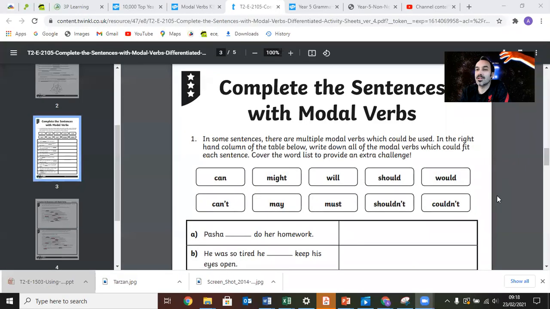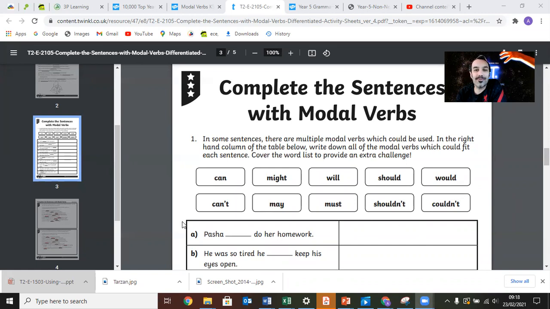Let me have a little look. Am I sharing this screen? I'm not sharing the screen. Right, here we go. So in some sentences, there are multiple verbs which could be used. In the right-hand column of the table, write down all the modal verbs which could fit in each sentence. Cover the word list to provide an extra challenge. So that's a little extra challenge for you at home.